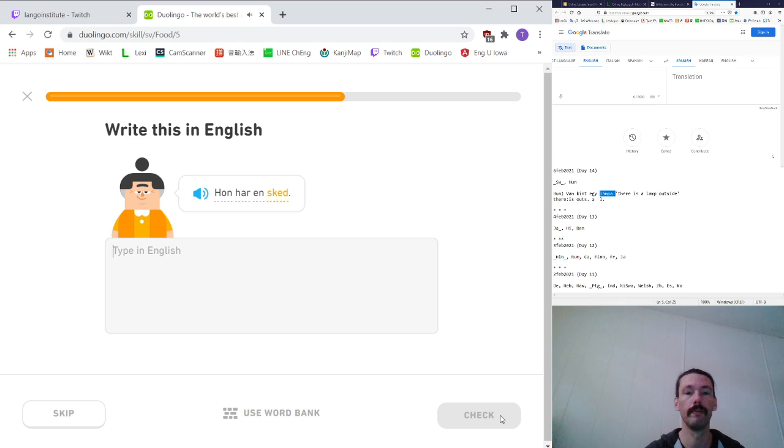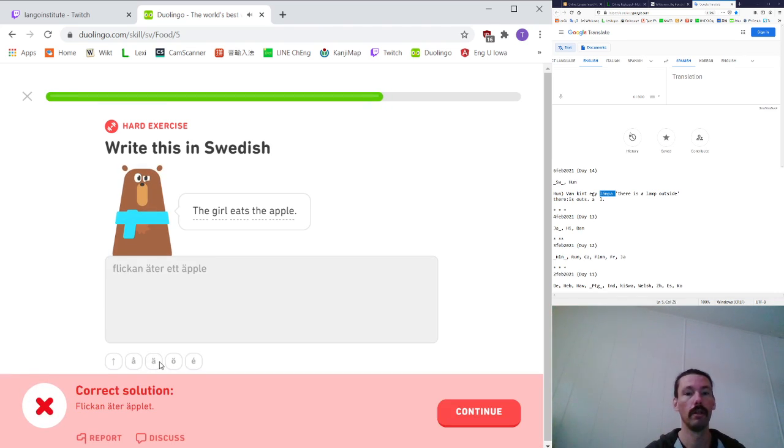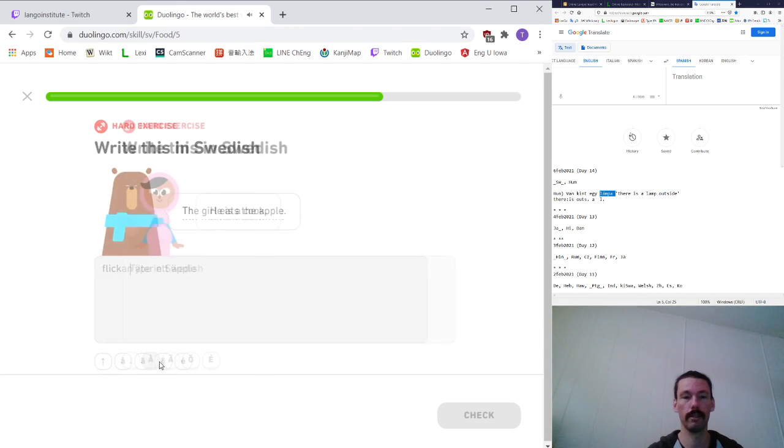Hon har en sked. She has a sked. There's the SK giving a sh. Spoon is the meaning. The girl, flickan, äter ett äpple. Äpple. The apple, äpplet. Silly me.